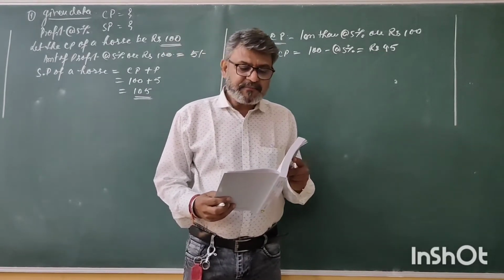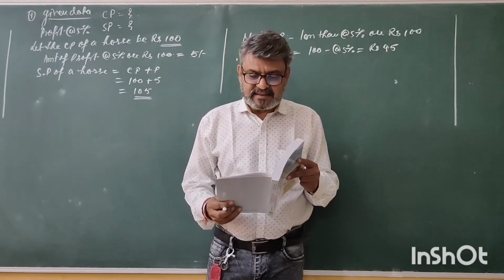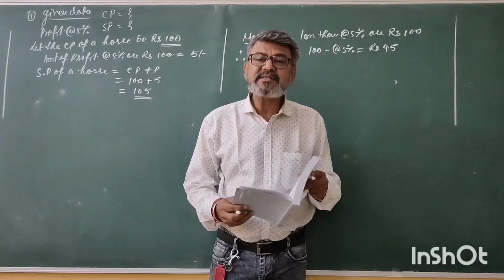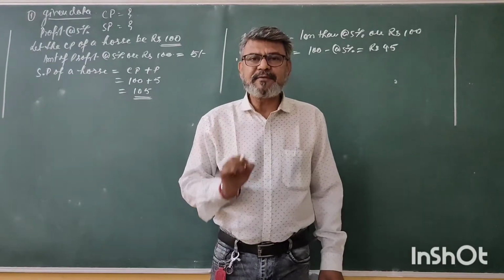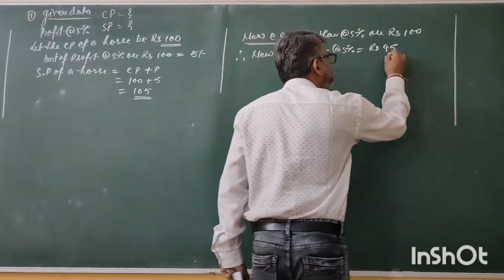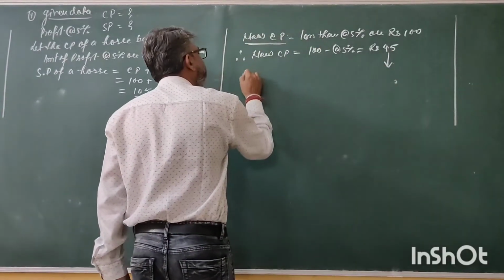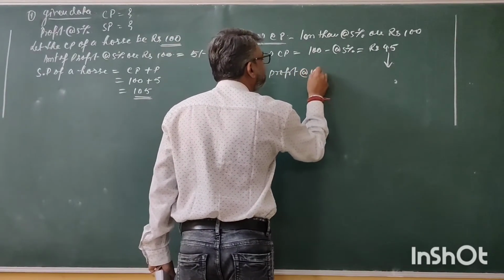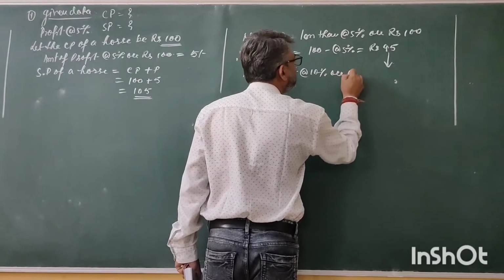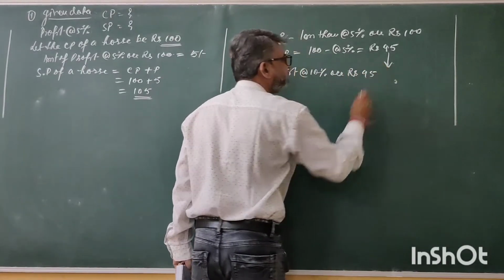And sold it for ₹30 less, he would have gained 10%. तो उसको कितना प्रॉफिट होता? 10% प्रॉफिट होता. Now first of all, calculate new profit at the rate of 10% on ₹95.